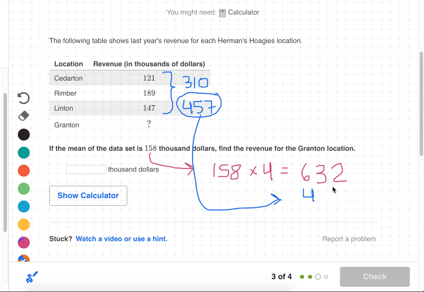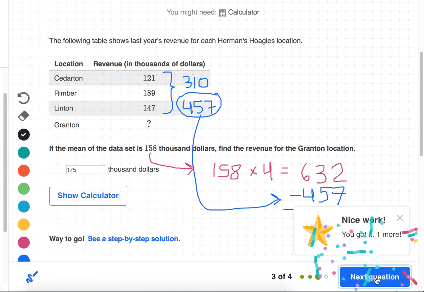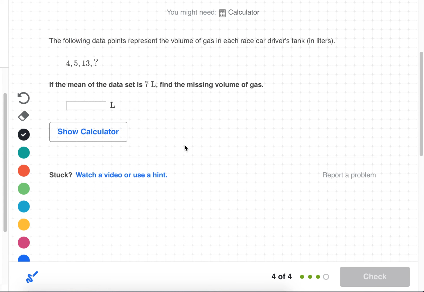We're going to find how far away from the target we are. 632 minus 457 is 175. So the Granton location must have made $175,000.